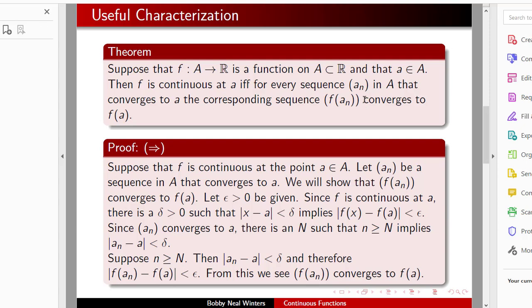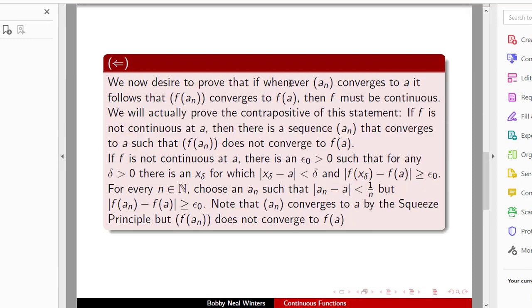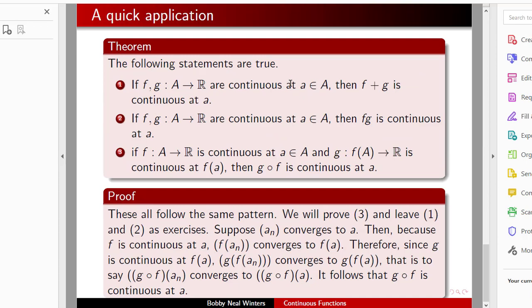This is very, very useful in proving when a function is not continuous, and I'll try to work in some examples of that in future lectures. But it's also a tremendous addition to the theory. It enables us to prove some theorems without so much epsilonics. So this next one is an example.